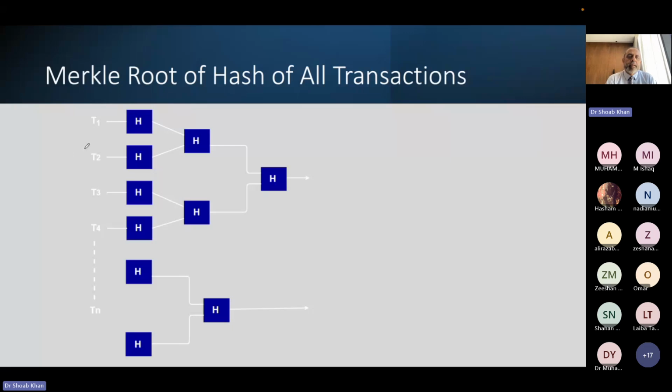How it happens is that every transaction you put through this hashing algorithm to get 256 bits. Then you combine two hashes to create another hash, and similarly you keep making a tree, taking hash after hash, and finally you have what is called the Merkle root hash. This is the hash of all the transactions in a block.